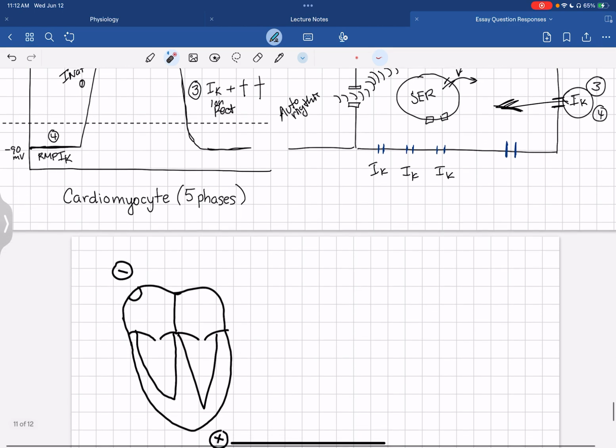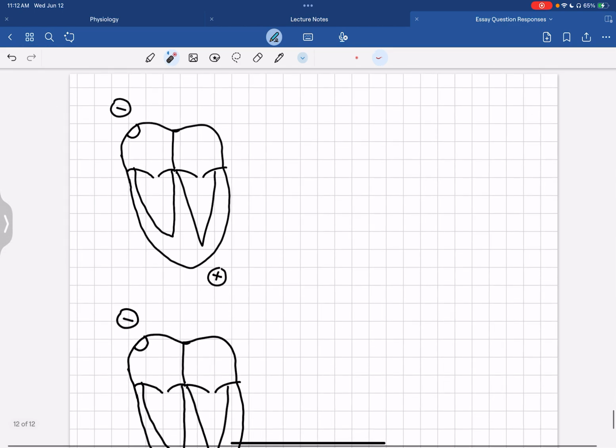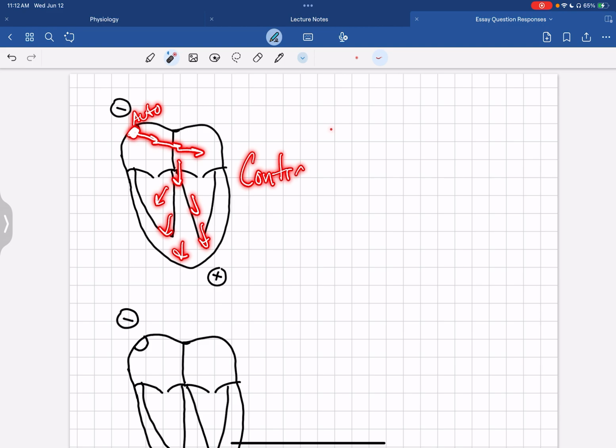Now, if we go down to our EKG, if we think about what's happening in the cell, if we say this is one of our autorhythmic cells, what's happening here is we have this action potential that starts, and it's going to spread to the whole heart, and it's going to depolarize, leading to contraction.